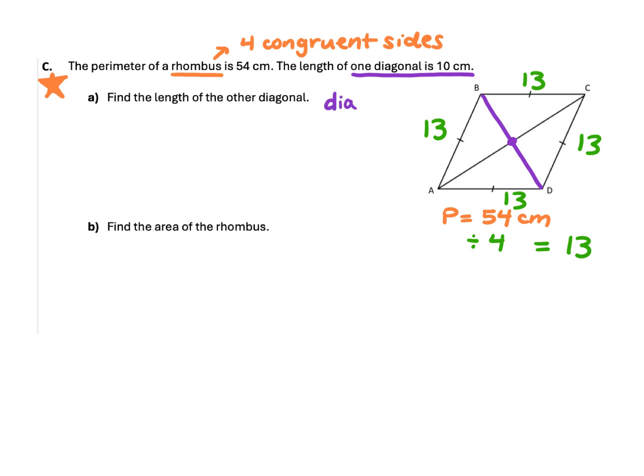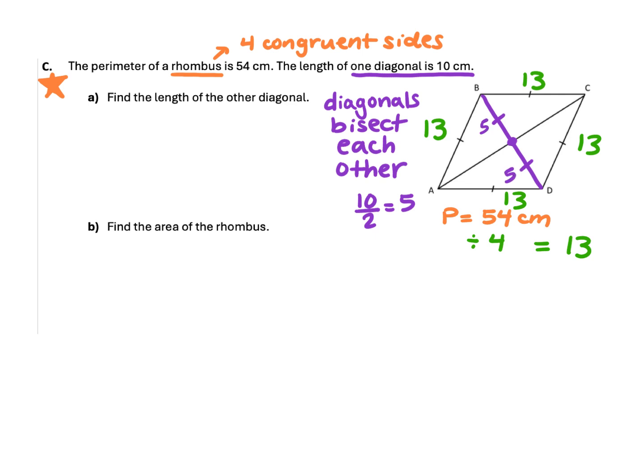And in all parallelograms, the diagonals bisect each other. So if the full diagonal is 10, let's take 10 and divide it by 2, and that's 5. So each of these sides here would be 5.